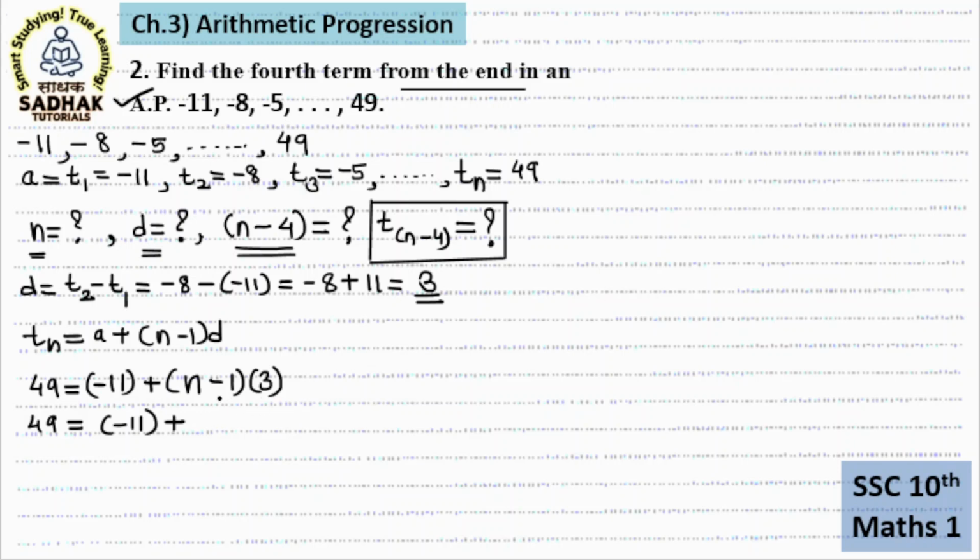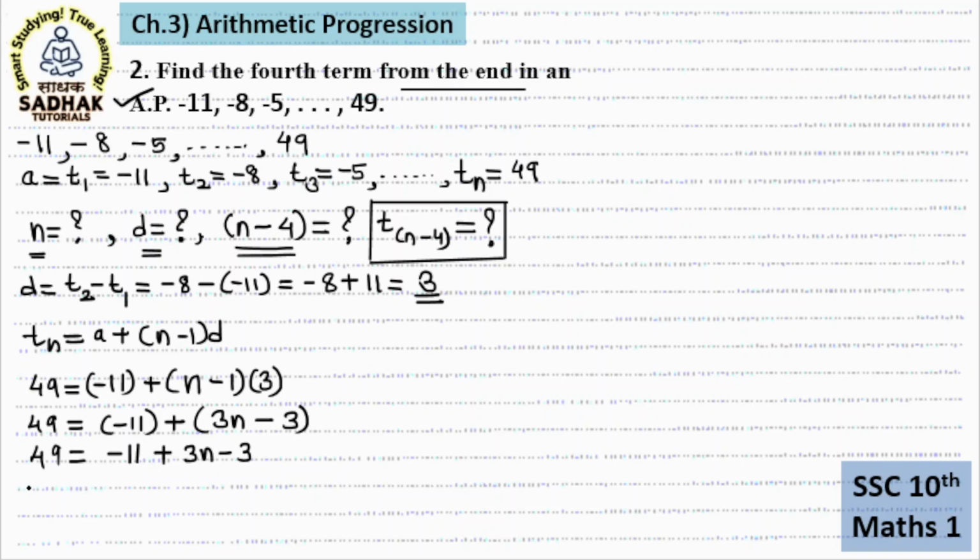Now can we multiply this? Yes, we can. 3 multiplied by n will be 3n, and 3 multiplied by minus 1 will be minus 3. So 49 is equal to, let us open the brackets now, minus 11 plus 3n minus 3.